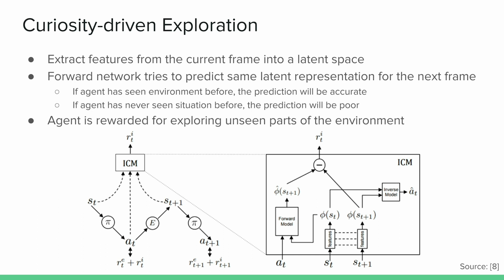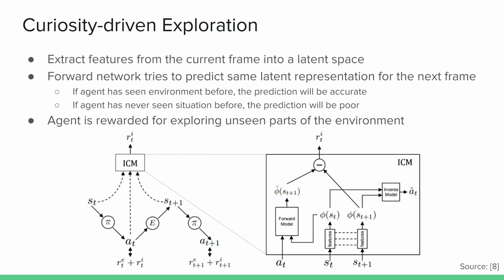And if it is in an environment that it has never seen before, it will do a really poor job at predicting the next state. So the difference between the actual latent representation of the next state and what the network predicts will be high. So it will drive the agent and reward it for exploring unseen parts of the environment, which is a really interesting thing to have, and it really can help your agent to perform much better.